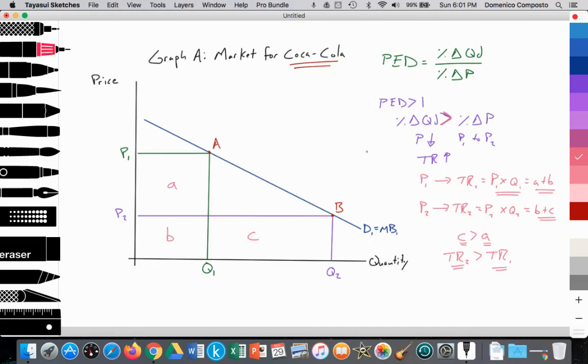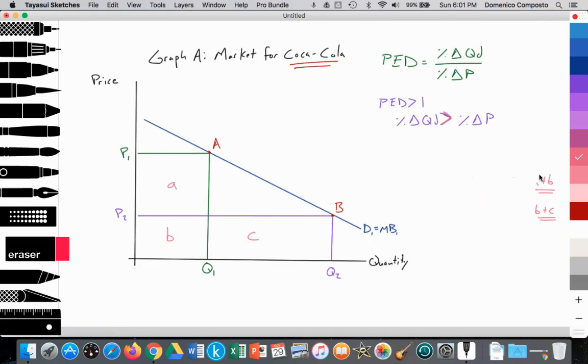Okay? Now, the same thing can be said if the firm was to start at P2 and increase price to P1. So in that case, let's illustrate the same concept, but raising price and analyzing it. So here we're going to start at a price of P2, and we're going to increase price from P2 to P1.